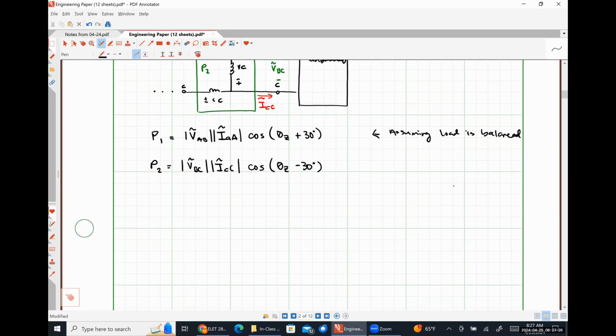Because if I add these two together, P1 plus P2, what I wind up getting is the magnitude of VAB times the magnitude of IAA times cosine theta z plus 30 degrees plus the magnitude of VBC times the magnitude of ICC times cosine theta z minus 30 degrees.